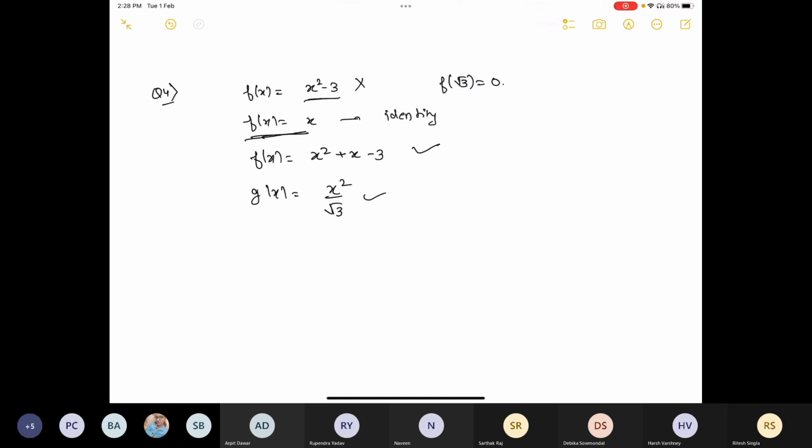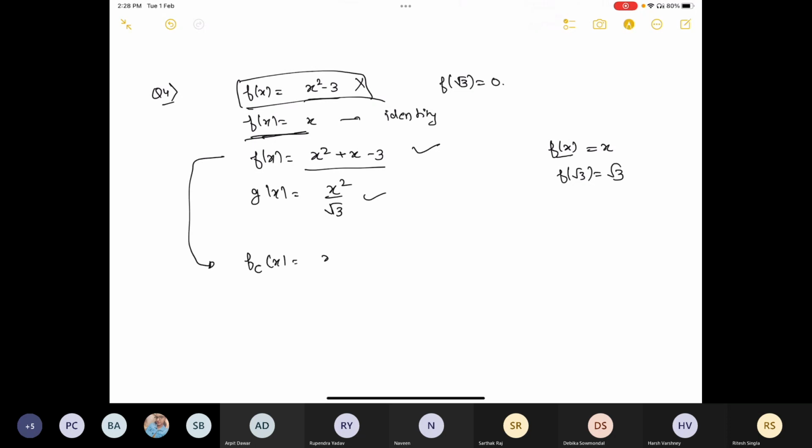I am asking you to give me an f(x) such that f of root 3 is equal to root 3. Yes, so this can work. Surely this can work. Even if I define g(x) equal to x plus c times (x squared minus 3), then for all c this function will also work. This is what we have done in question number 2, right?